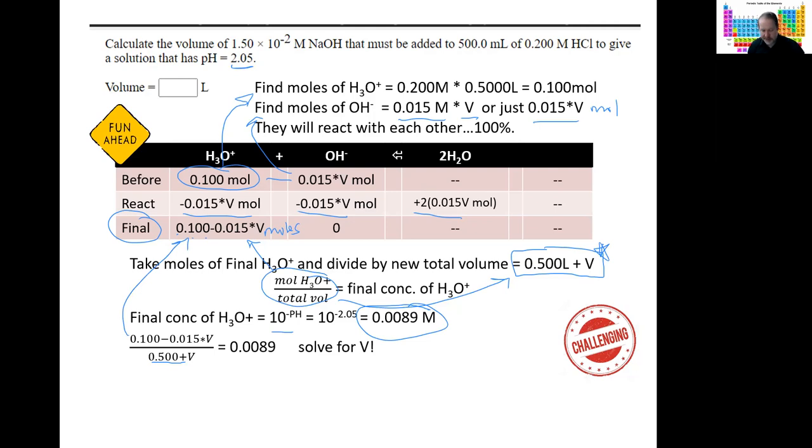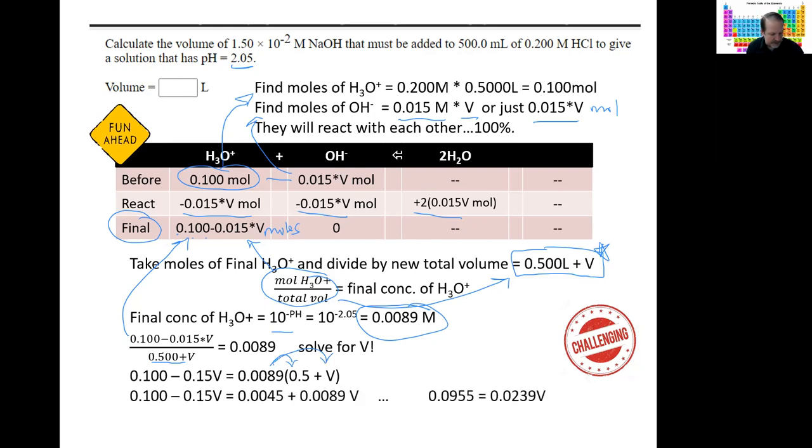I multiply both sides by 0.5 plus V, and then distribute that concentration over. Then I isolate the variables, putting the constants on one side and the variable on the other. Then I can solve for V, and it's 3.999 liters.